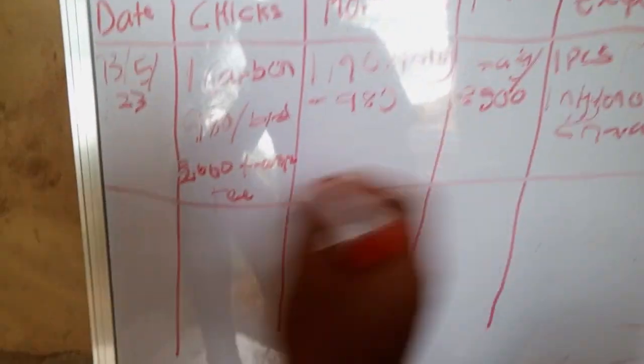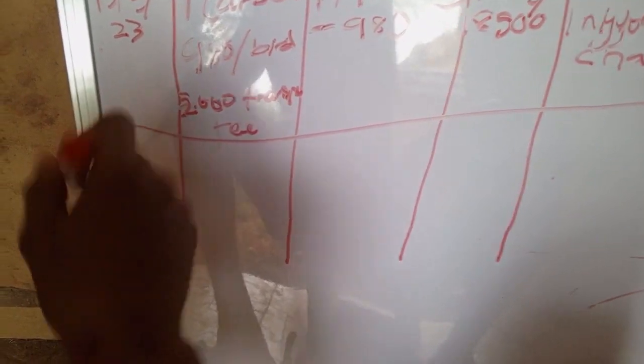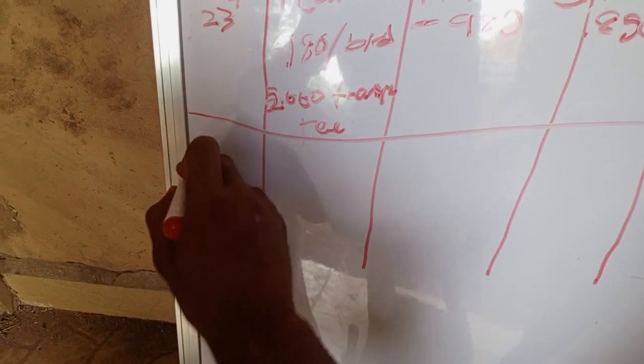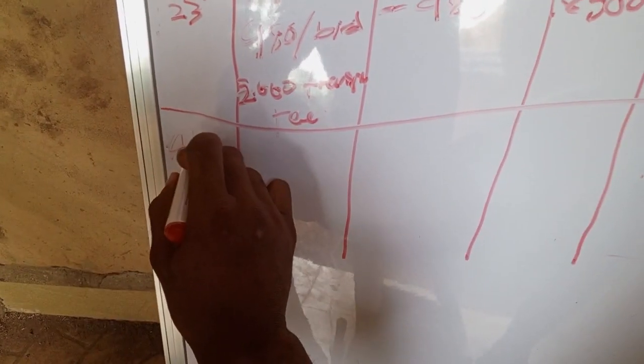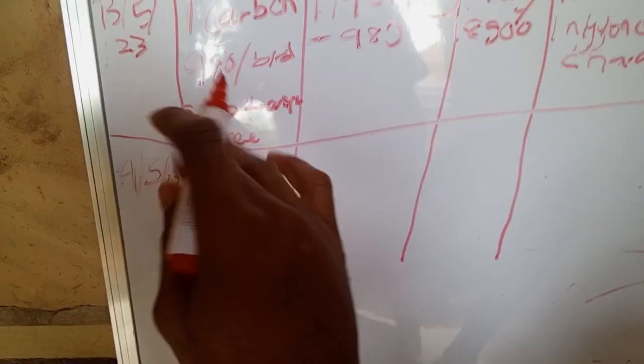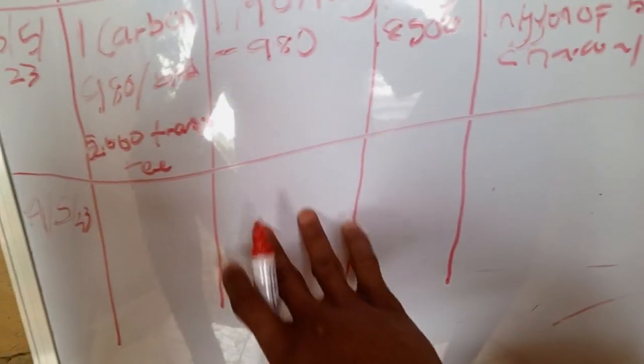All right, so let's say on the 14th, what happened? On the 14th of May 2023, nothing will be here. Then here I put nothing will be here.